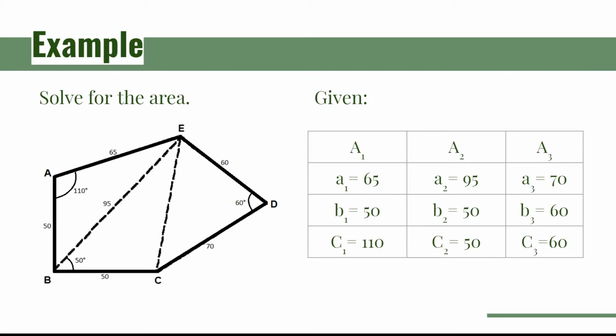The last triangle, which is on the right, is where side A3 is equals to 70, side B3 is equals to 60, and angle C3 is equals to 60 degrees.